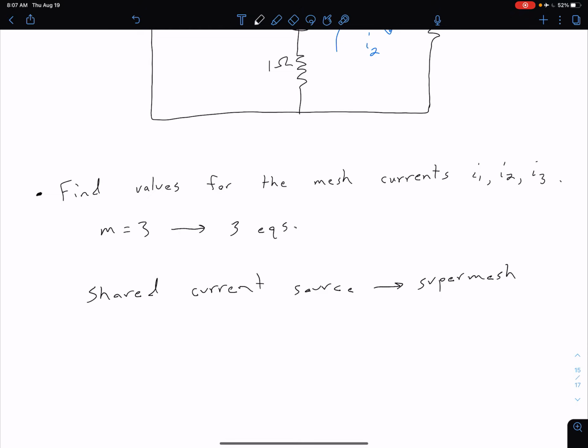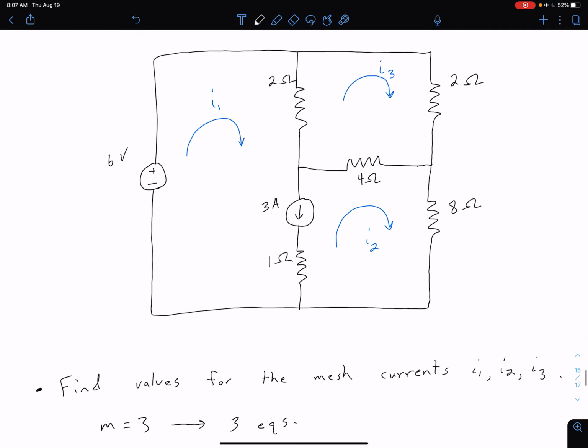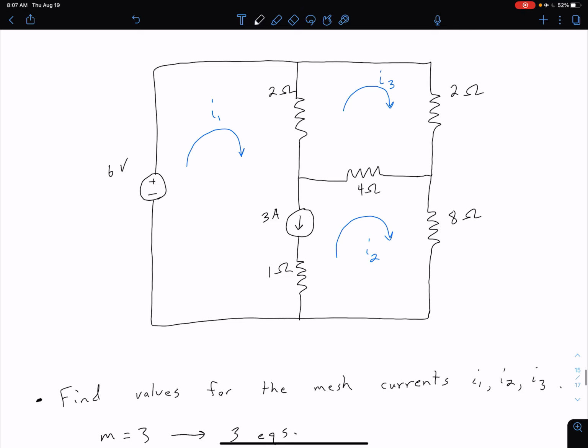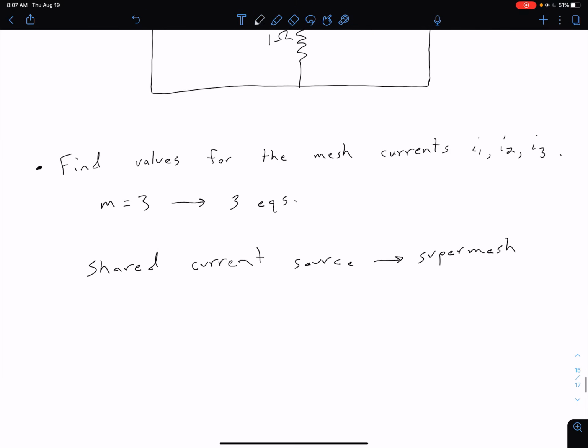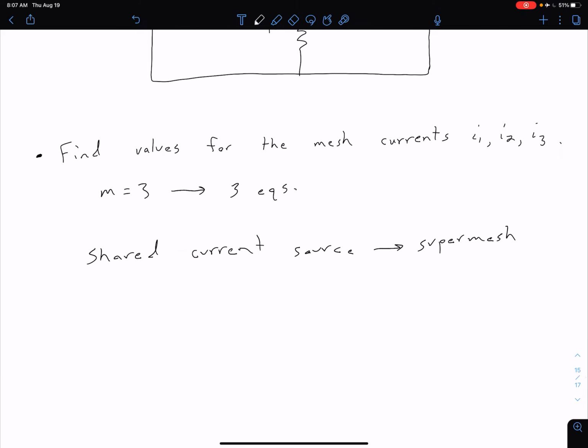A couple things to note about that: as we saw in the previous video, that doesn't change our mesh current definitions. We're still going to use these original three mesh currents. We're just defining a different path which needs to avoid this branch containing our shared current source. So let's make a note of that: we're going to use a path that avoids that shared current source.